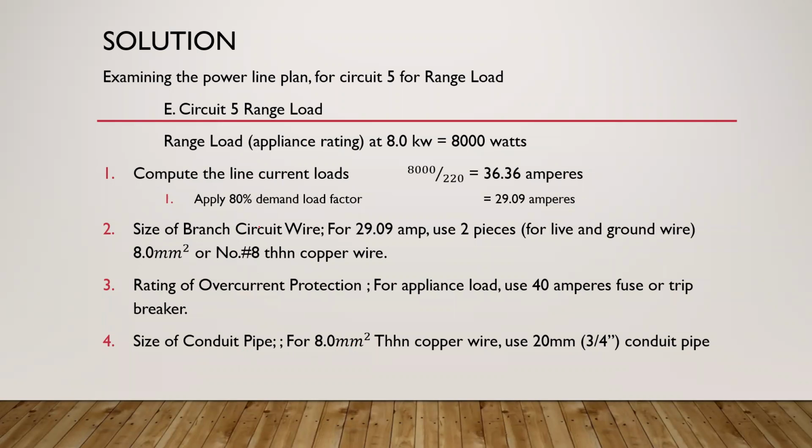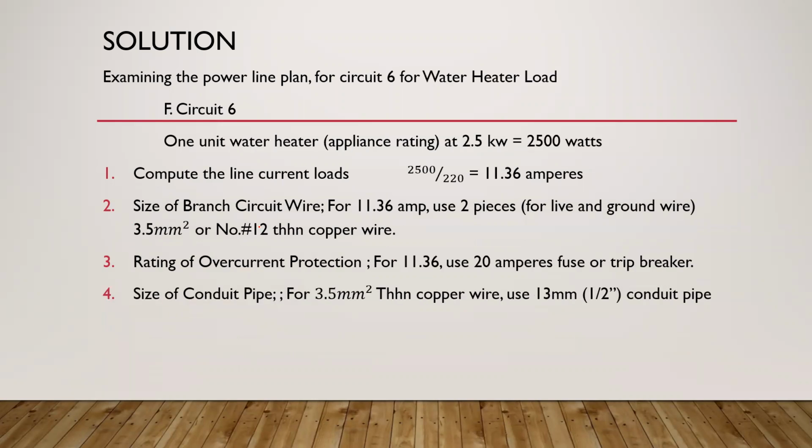Okay, next for our circuit number 6, we have 1 unit water heater with an appliance rating of 2.5 kilowatts or 2,500 watts. To get its current load, we divide by 220, and we have 11.36 amperes.